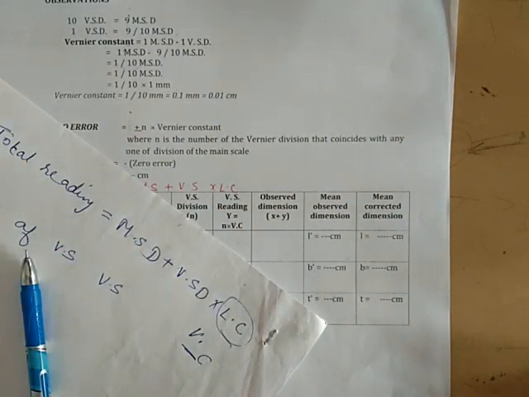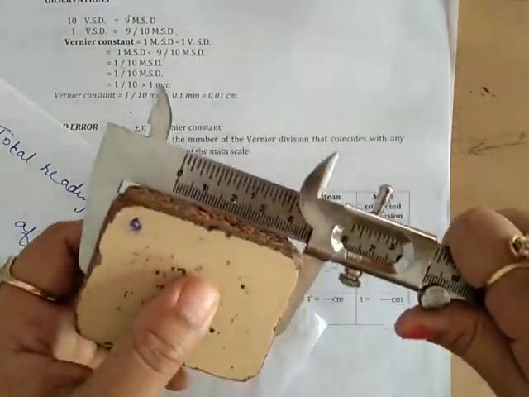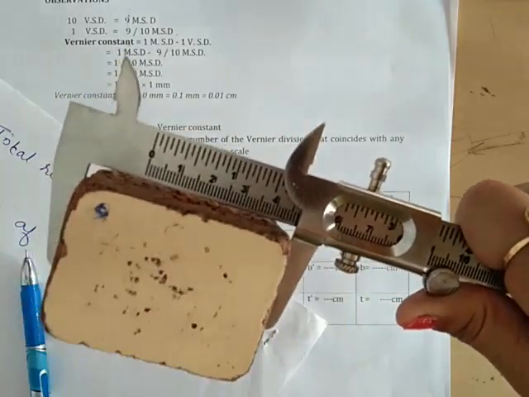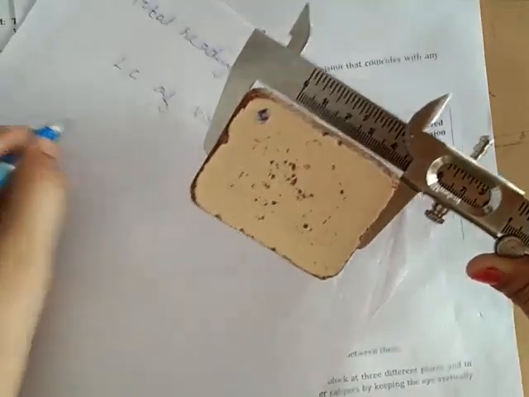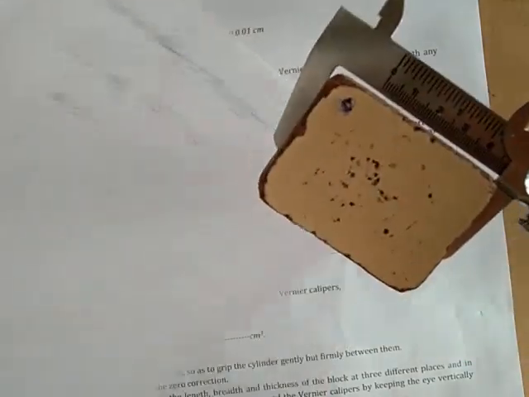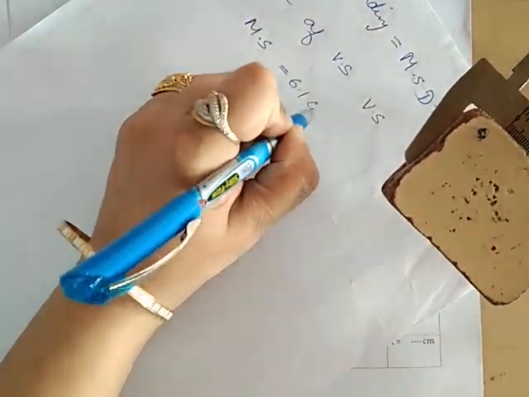Place the block in between the outer jaws and note the reading of main scale. Here main scale reading is 6.1 centimeter.